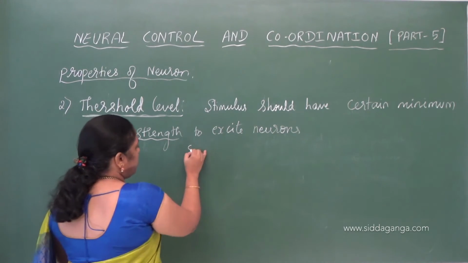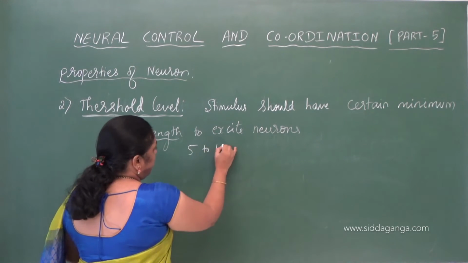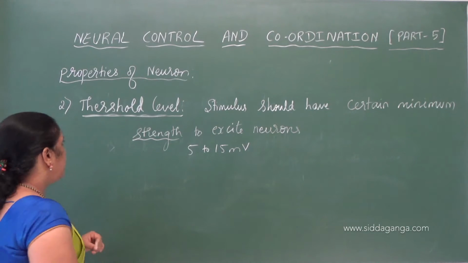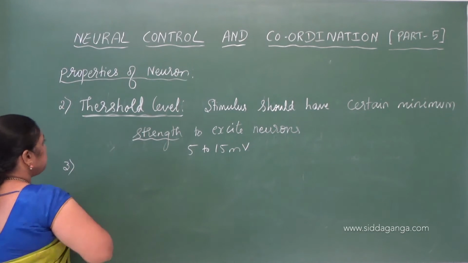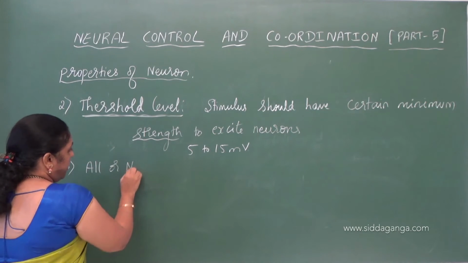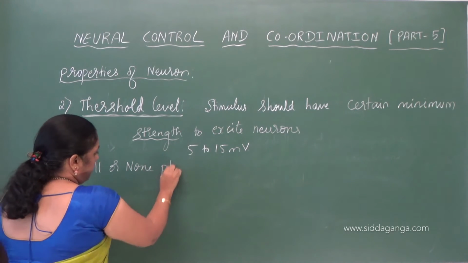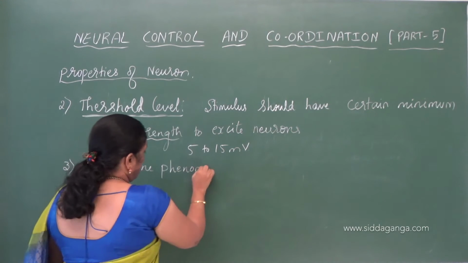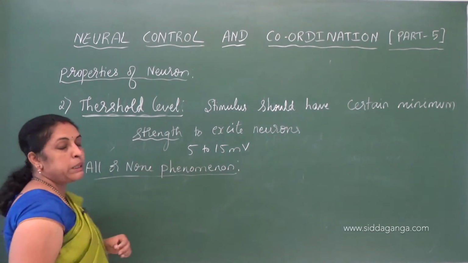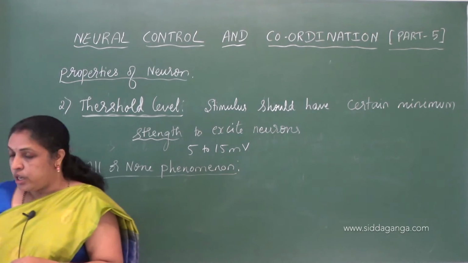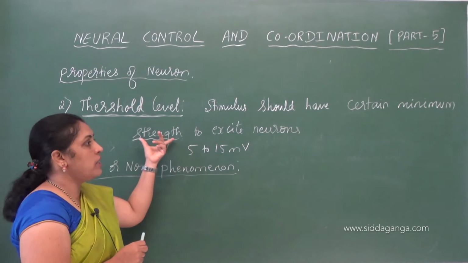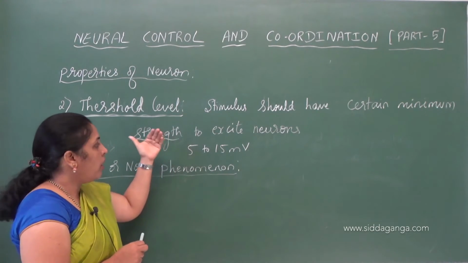The majority of neurons have a threshold level between 5 to 15 millivolts. The next one is the all or none phenomenon. All or none phenomenon means, to generate action potential, the stimulus should have a certain minimum strength.